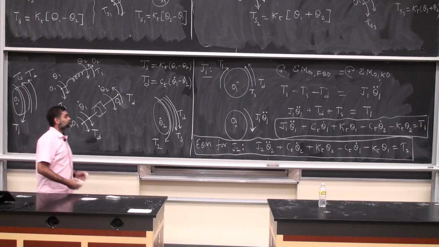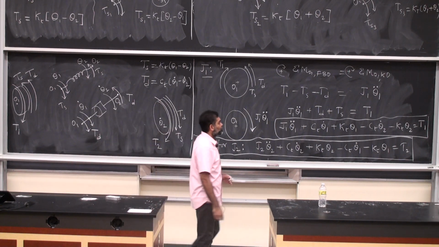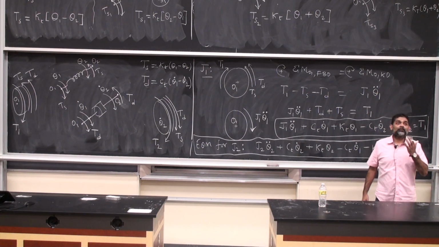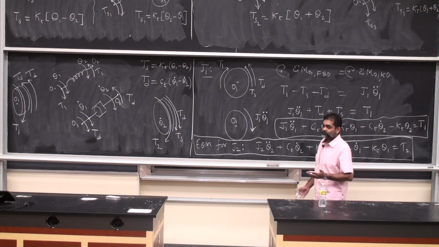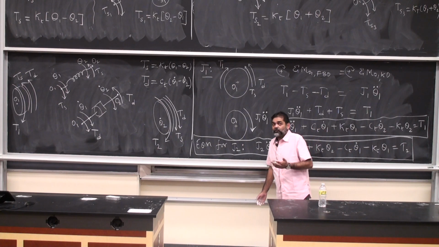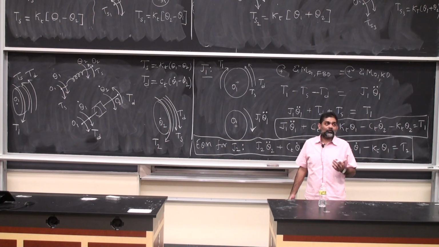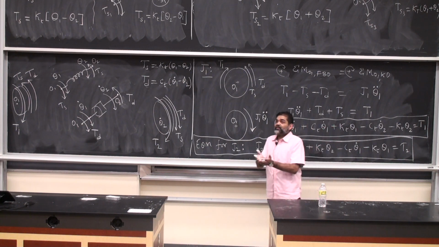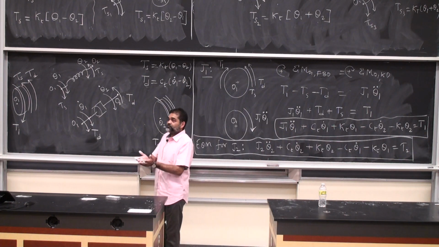Couple of things. The positive directions for theta 1 and theta 2 were not motivated by the direction of the applied torque. The direction of the applied torque could be anything. T1 could be in any direction, either clockwise or counterclockwise. My sign convention is not based on that.